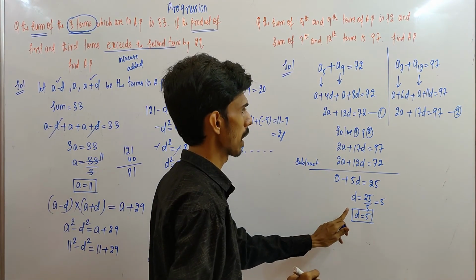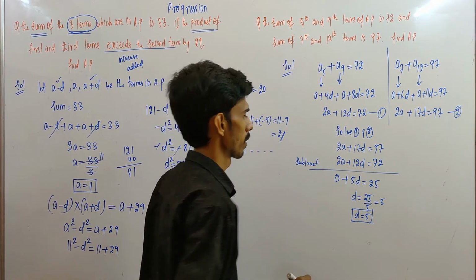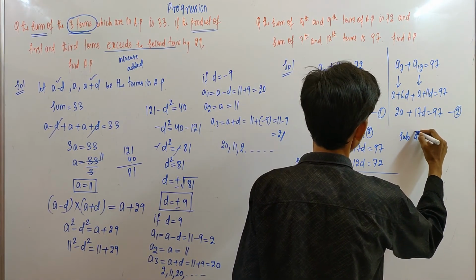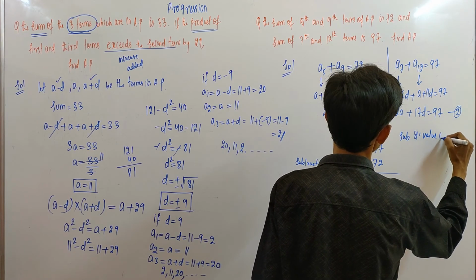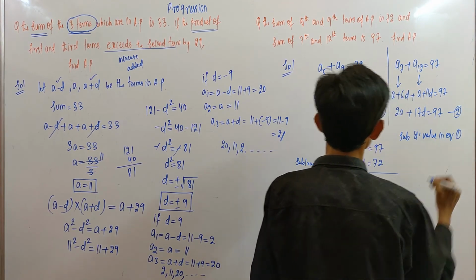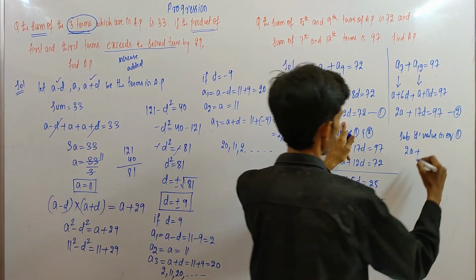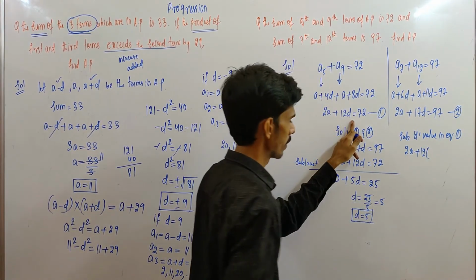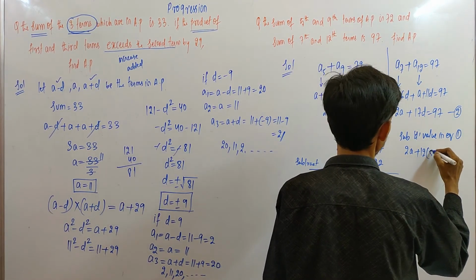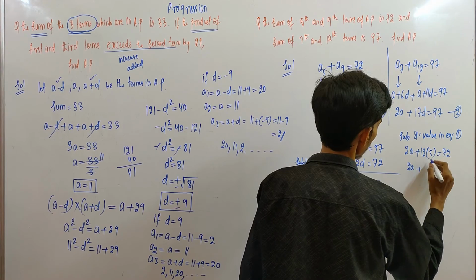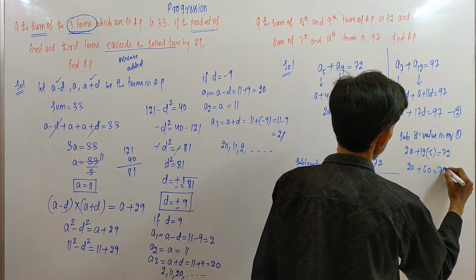Now substitute the d value in equation 1. Here we have 2a plus 12 times the d value 5 is equal to 72. 2a plus 12 fives are 60 is equal to 72.